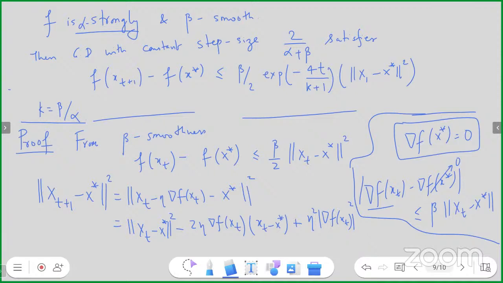It's an integral form. Integral, no. Where have I reached? Xt plus 1 minus x star. I've reached less than or equal to 1 minus 2 something constant times xt minus x star whole square plus something into del f of xt square. You have to have a term like exponential. We'll get there.